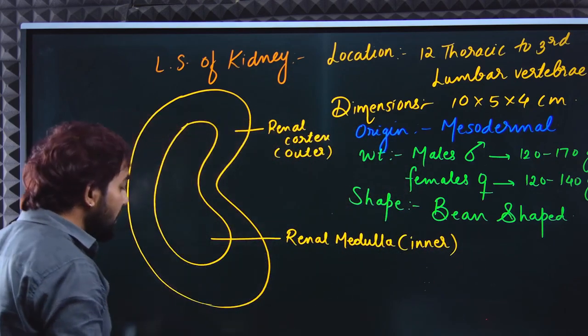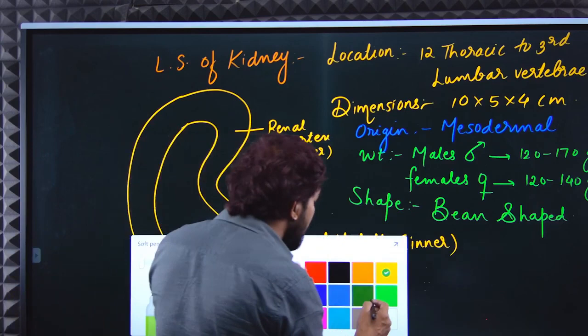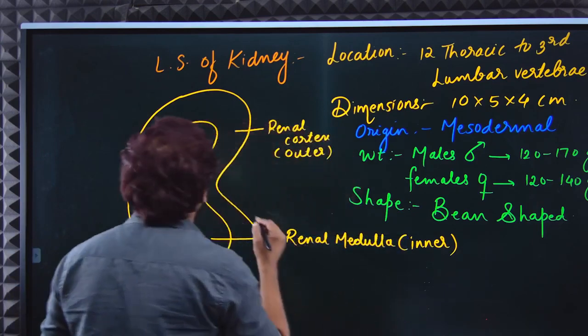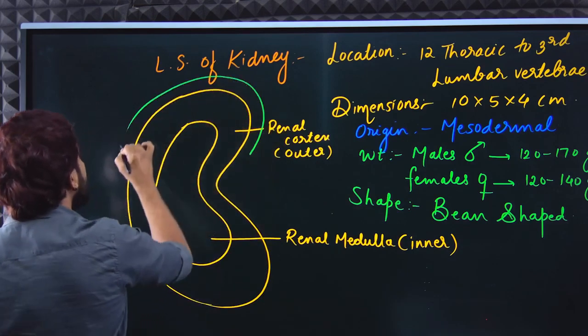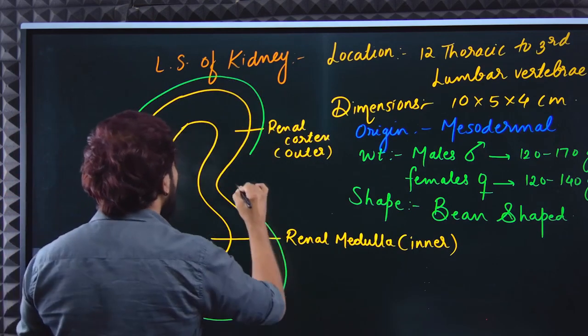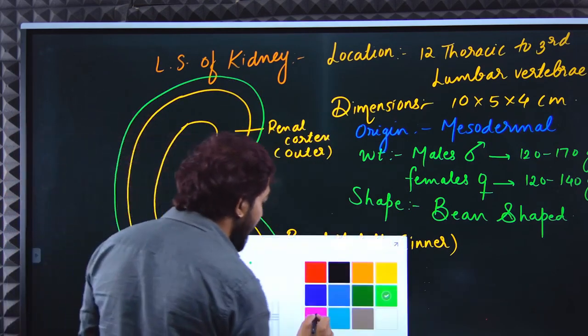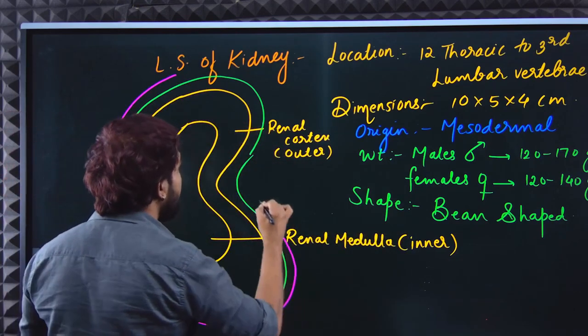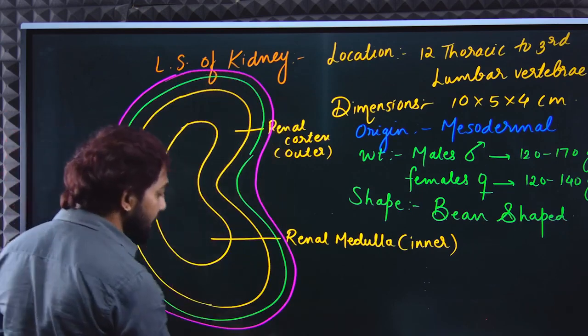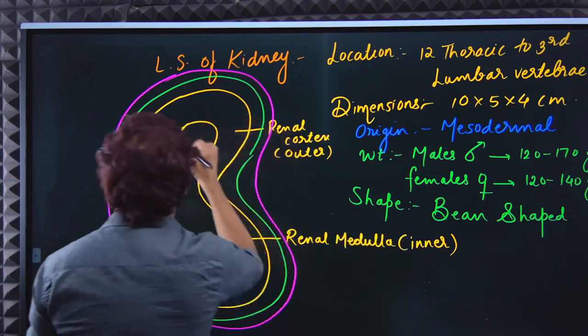Then the next thing, here you have certain structures. This is number 1. This again we will take with another color. This is number 2 layer in the pink, and this one in the blue is the 3rd layer.